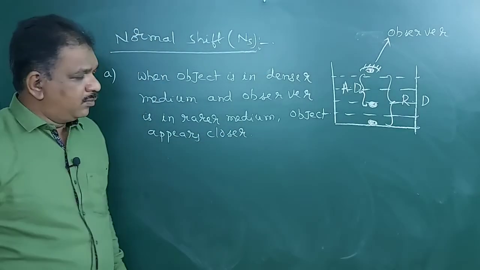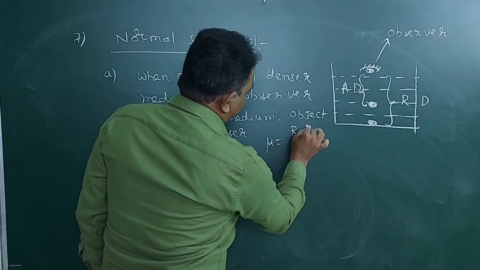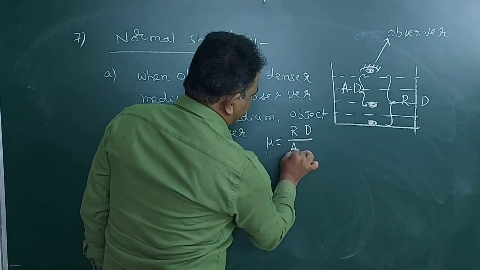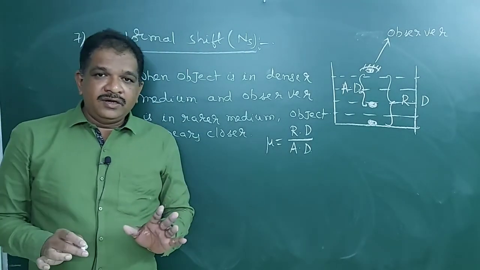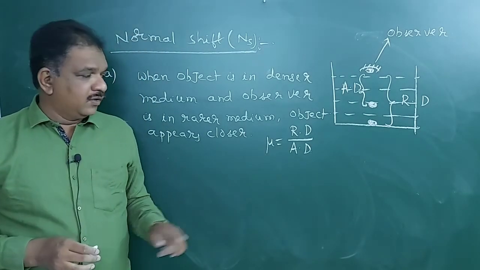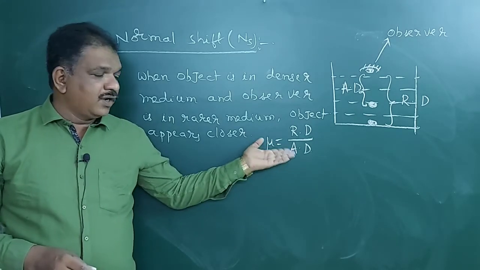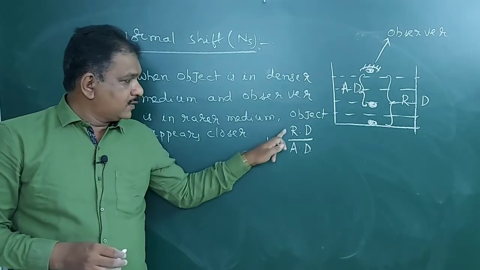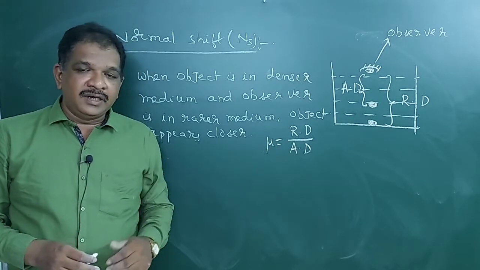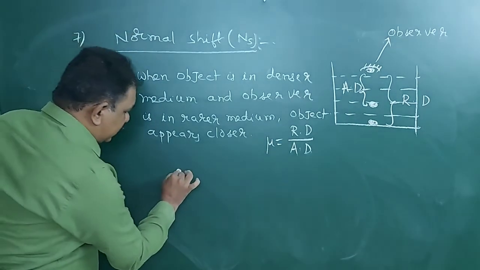So what is the formula here? Mu is equal to real distance by apparent distance. But remember, mu value will always be greater than 1. If it is apparent distance by real distance, that ratio will be less than 1. Like that you can remember. Mu is equal to real depth by apparent depth. Okay. What is the shift?